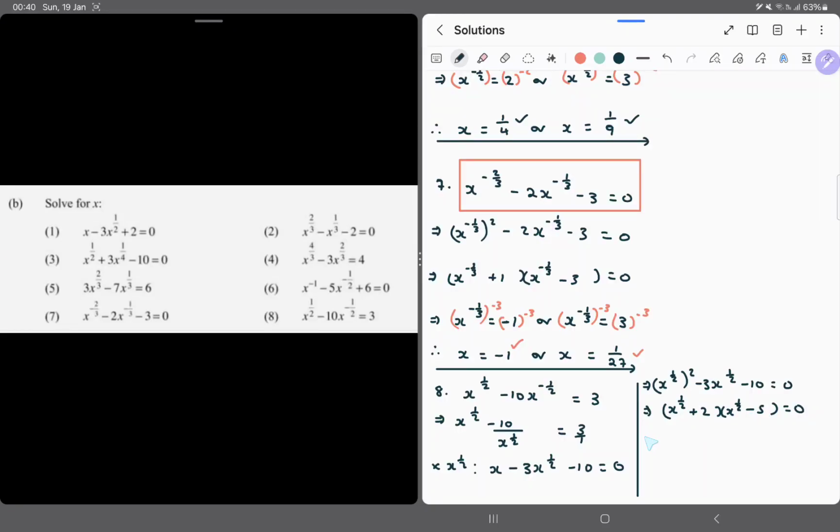Now we can proceed. Of course, guys, this is the square root, so we need to square this thing. Okay, so x is 4 or x is 25.